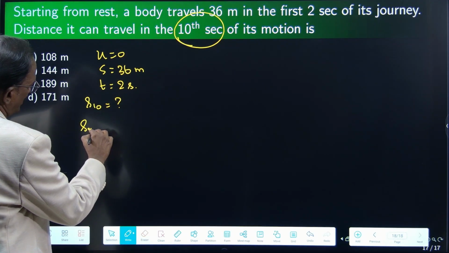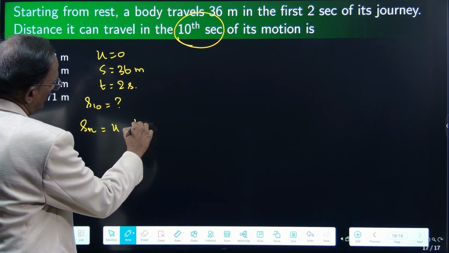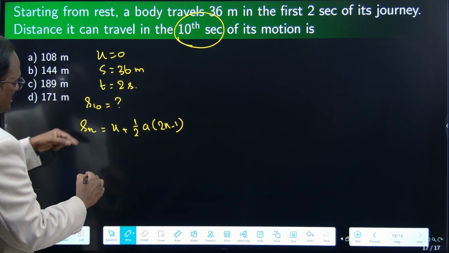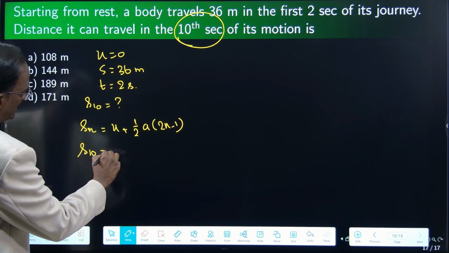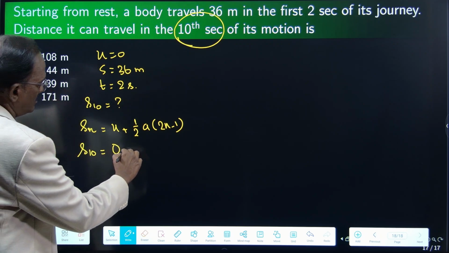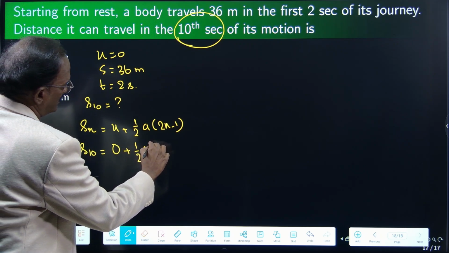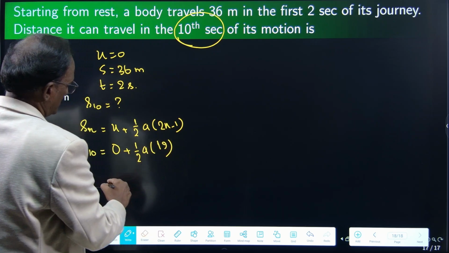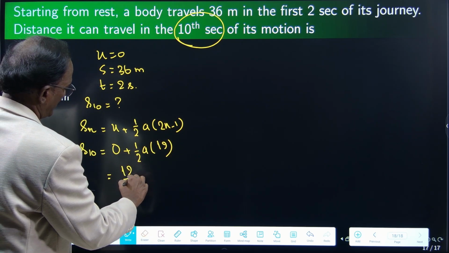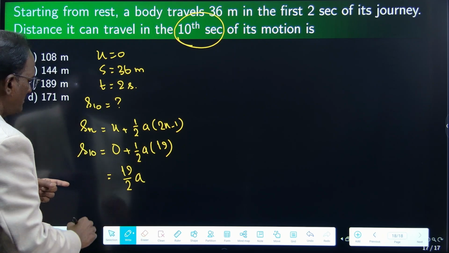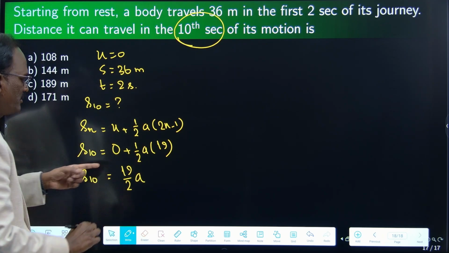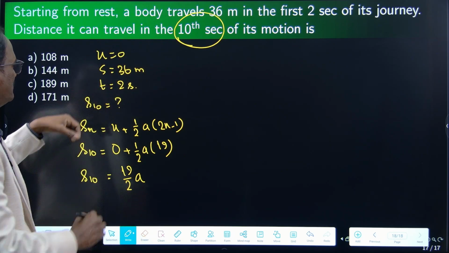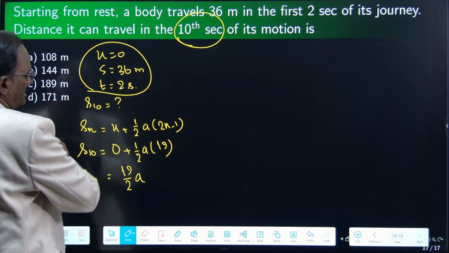So what is our formula? S suffix n is equal to u plus a by 2 of (2n minus 1). Instead of n, I am writing 10 here. u is equal to 0 plus a by 2 into (2 into 10, 20, minus 1) which is 19. So this is 19 by 2 a. That is the answer, but the value of a is not known. So I have to find a from this data.